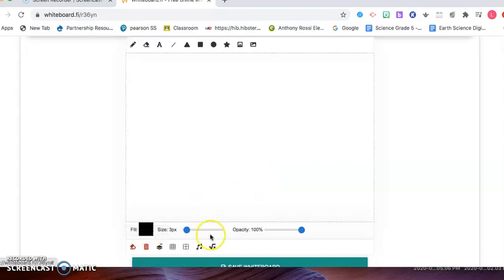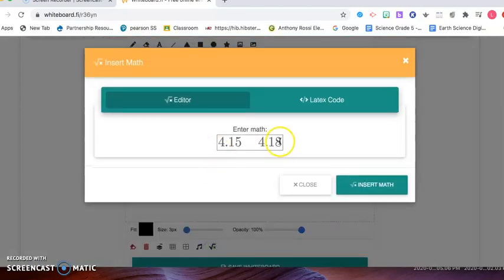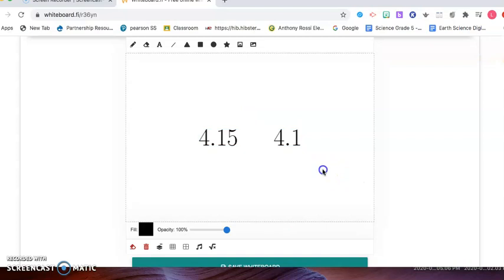The next type of problem that we did was we did something like this. So we have 4 and 1500ths and 4.1. Again, the 4s are the same and the 1 is the same. But this time we have a problem. We're actually missing a number here.